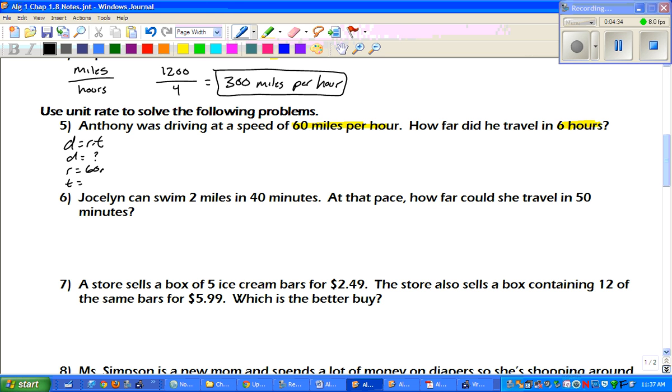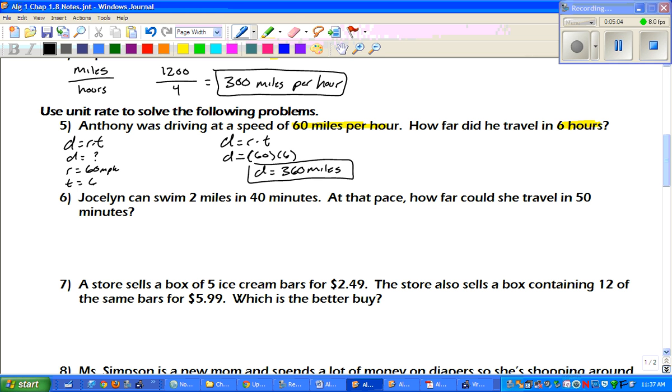The rate was 60 miles per hour, and he traveled for 6 hours. Okay? So using our formula, 60 times 6, 360 miles is how far Anthony drove.